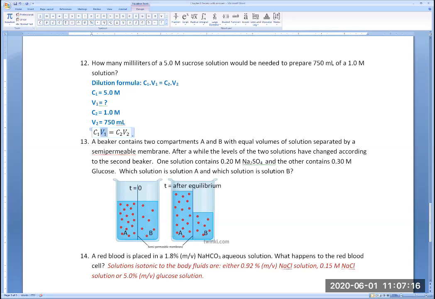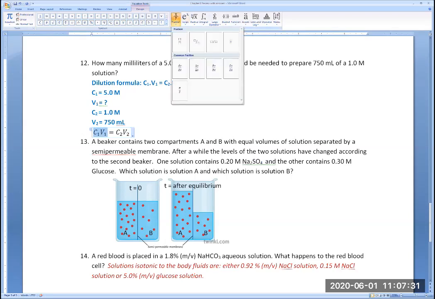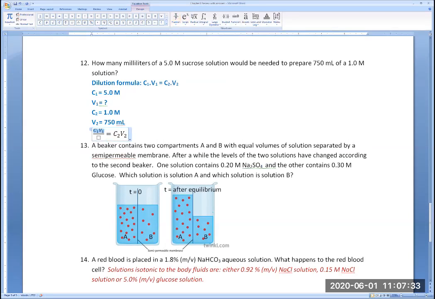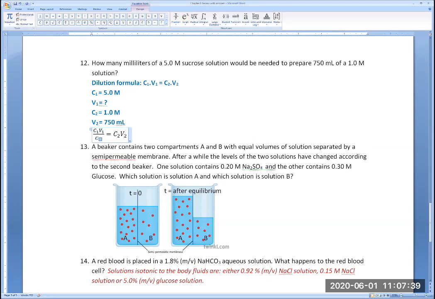To have V1 by itself, I need to get rid of C1. So what do I do to my equation so that I get rid of C1 on the left side? What about dividing by C1 on both sides? If you divide by C1, you will get rid of the C1 on the left side.